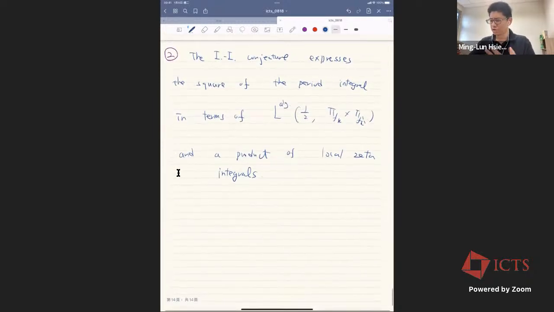So according to this Ichino-Ikeda conjecture, the interpolation formula boils down to explicit calculation of these local zeta integrals, and the calculation of these local integrals at unramified places was done by Neal Harris.